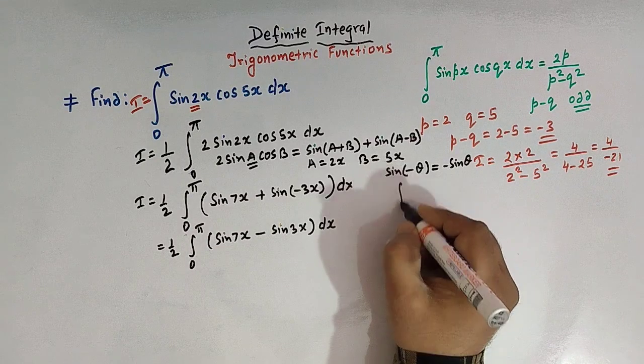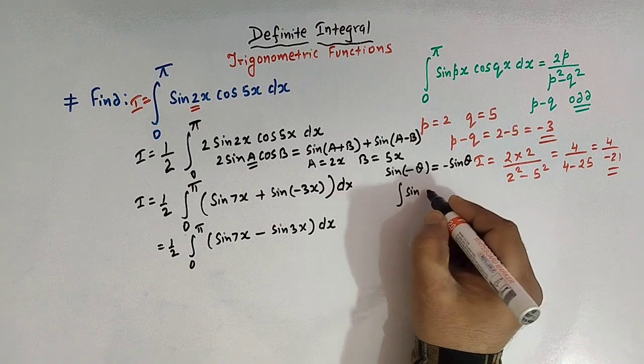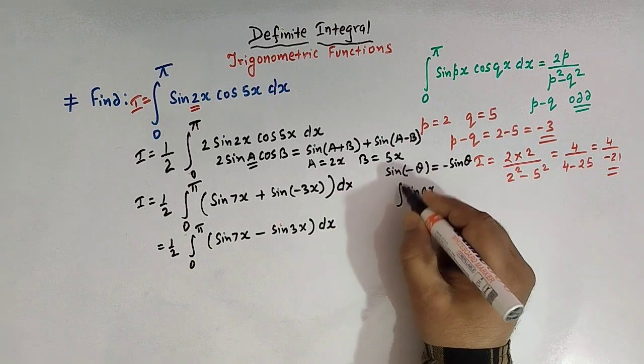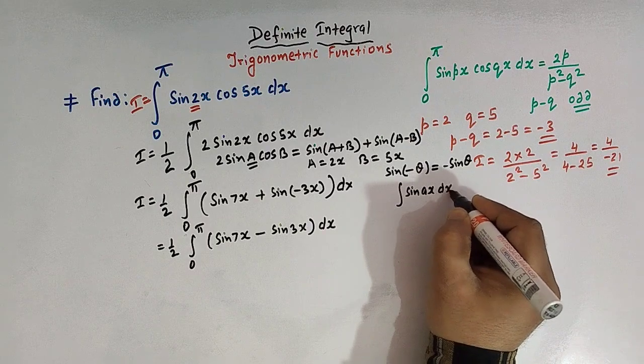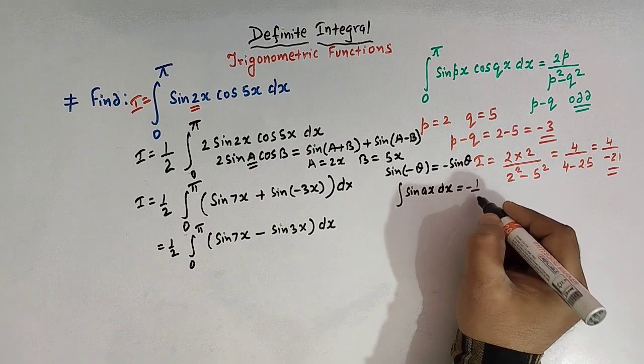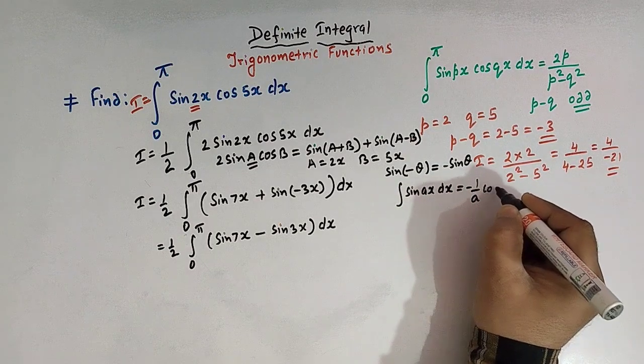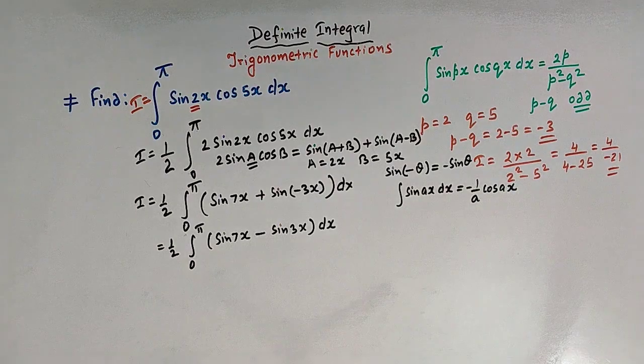Here we'll make use of this result: the integral of sine of ax dx is negative of 1 over a times cos of ax.